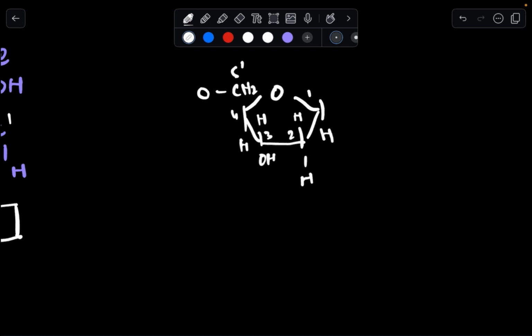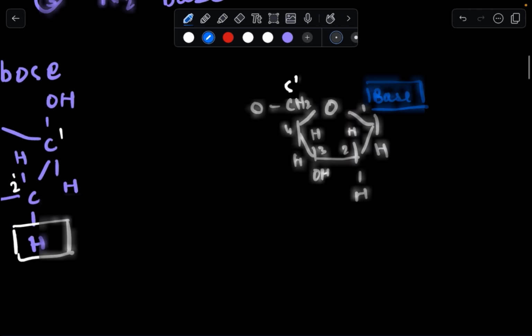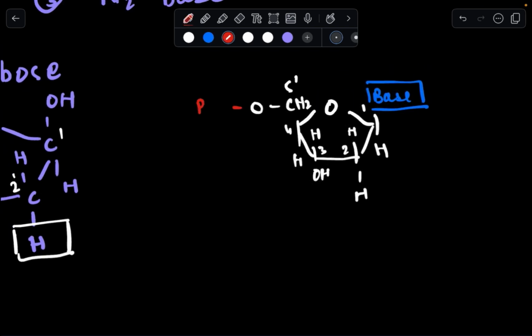The base is attached to the first carbon and phosphate is attached to the fifth carbon.